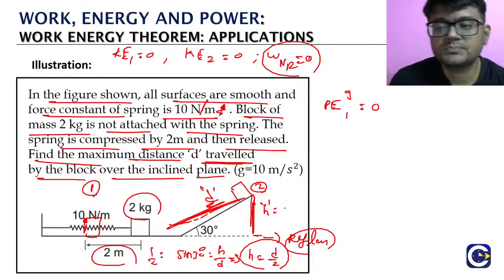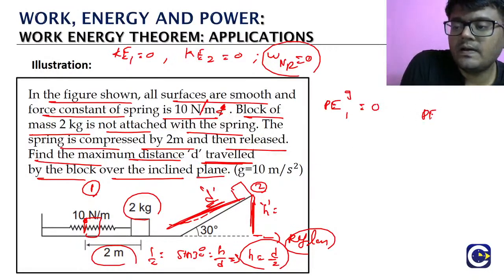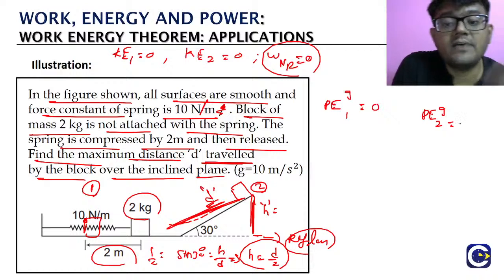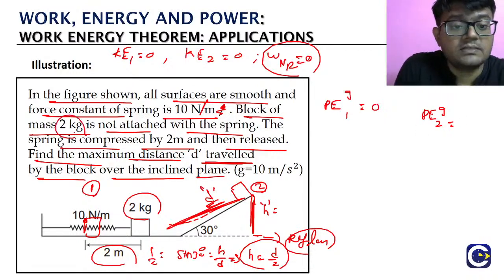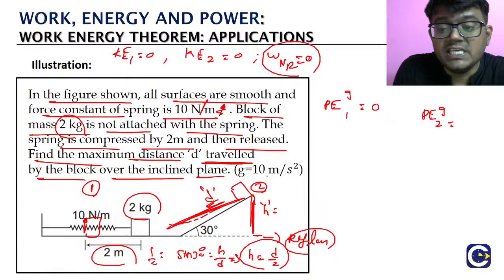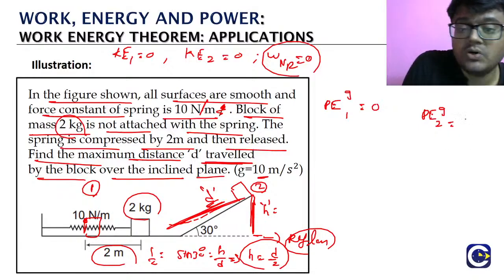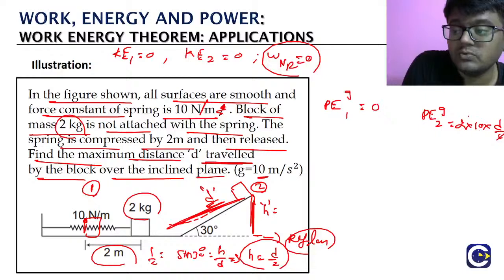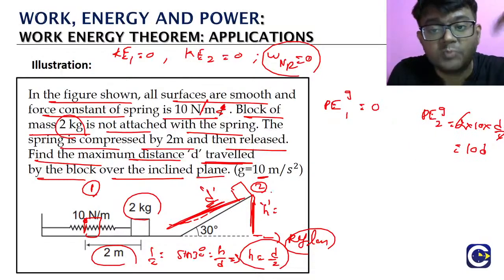That is the relation. So the final gravitational potential energy of the block is mg h, with mass 2 and g equal to 10. So 2 into 10 into h, which is d by 2, gives 10d. That is the final gravitational potential energy of the block.